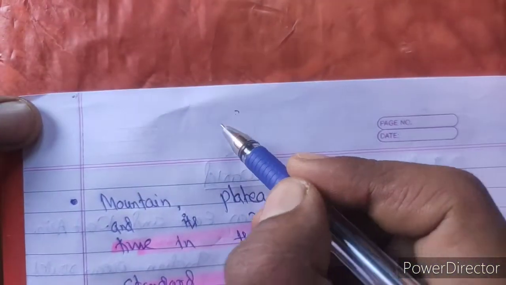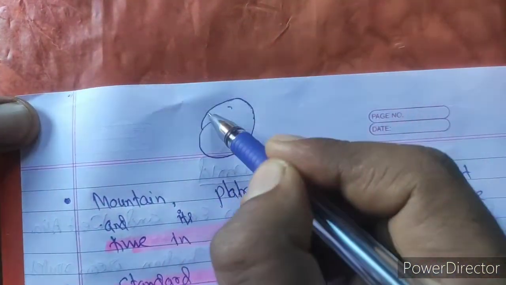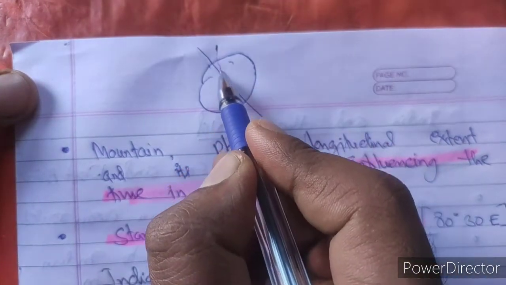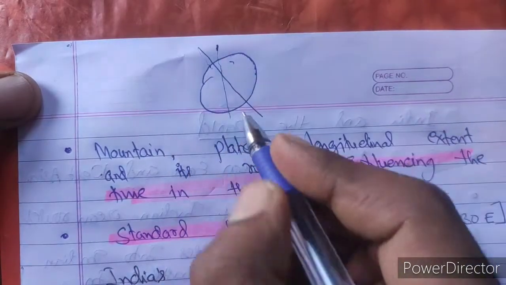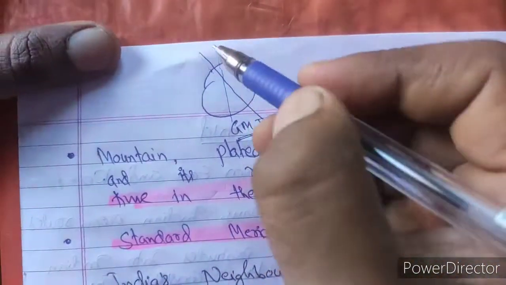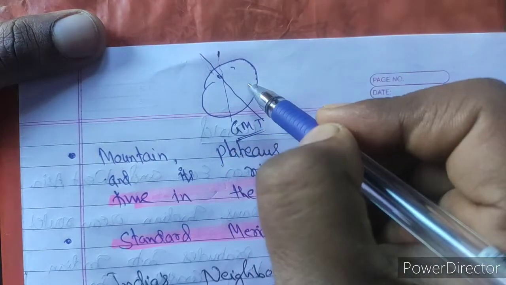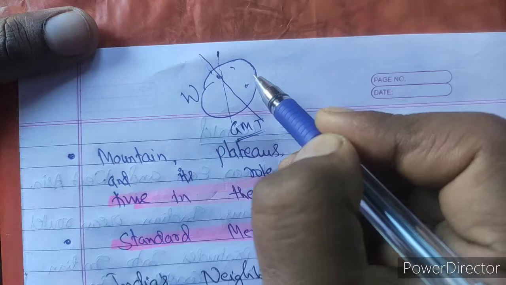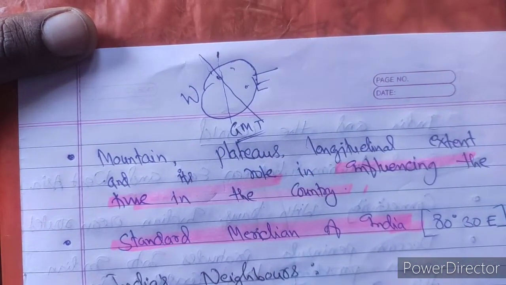Suppose this is the center line, the Greenwich line, GMT, the Greenwich meridian line. It passes through London in Greenwich. India's location is over here. So it divides the whole earth in two parts, western hemisphere and eastern hemisphere.